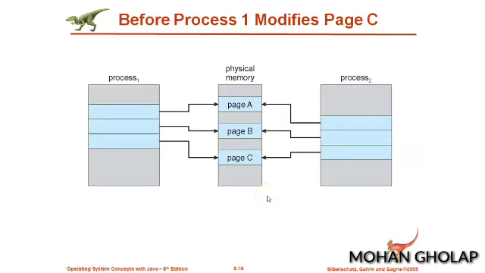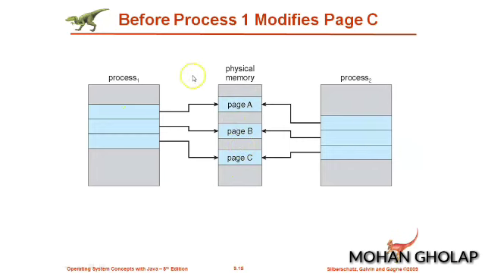Next we will see this pictorially: before process 1 modifies page C. Here we have considered an example with two processes. This is process 1's memory area, this is process 2's memory area. Let us consider there are three pages, that is page A, page B and page C. These are shared among both process 1 and process 2.